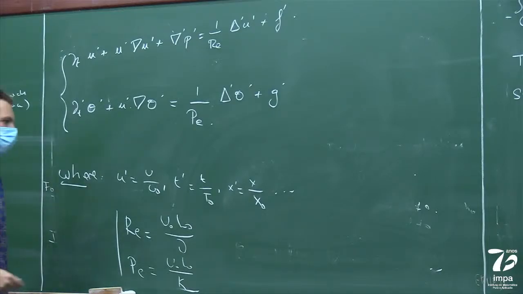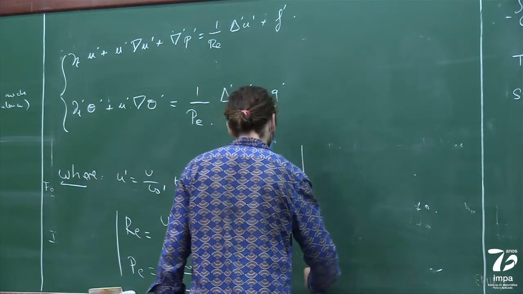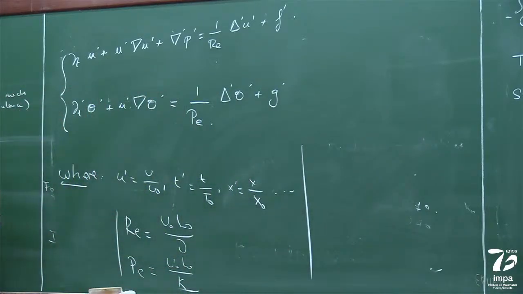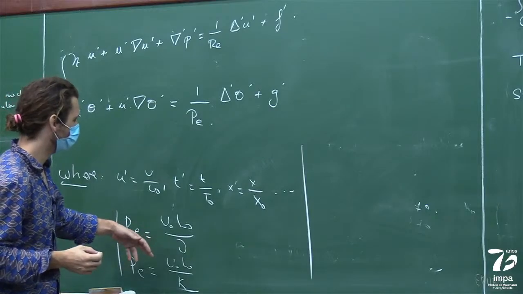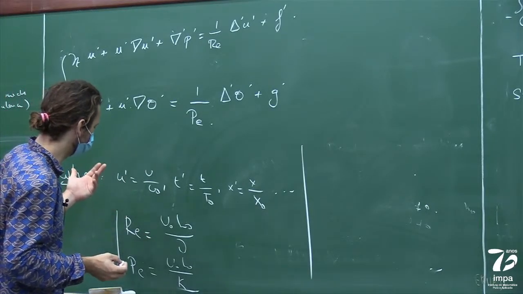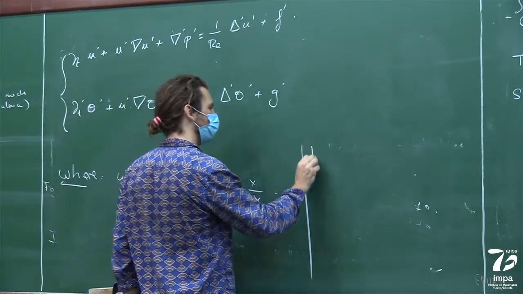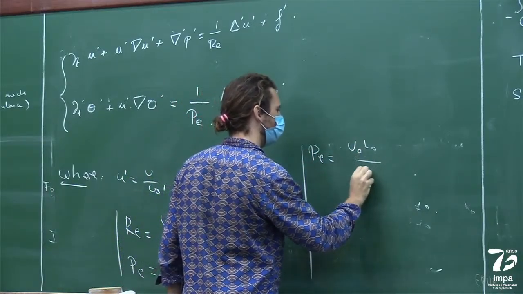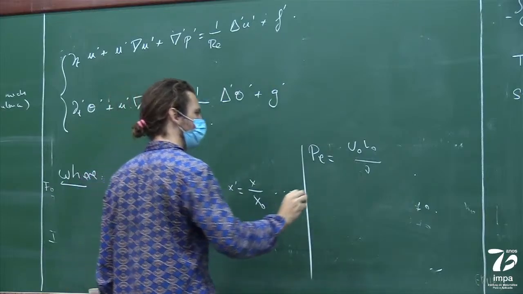In particular, it is traditional to introduce the ratio of those two quantities, so that the Peclet is U0 L0 over nu times nu over kappa.